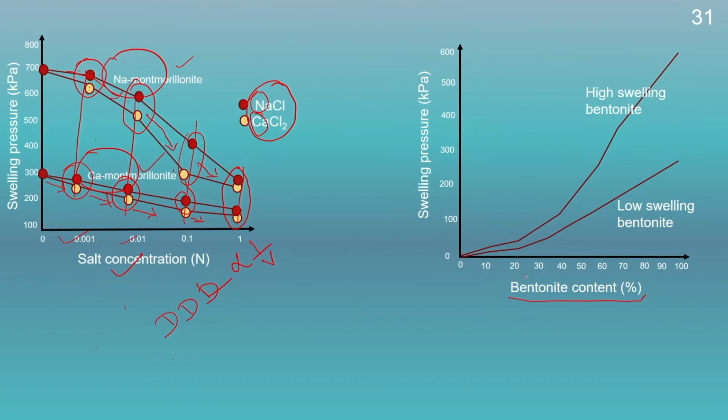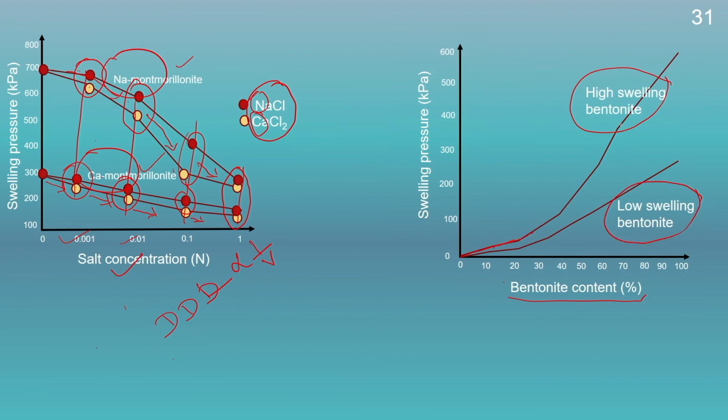Next, we will see the effect of expansive soil content on the swelling pressure. With increase in the bentonite or montmorillonite content, the swelling pressure keeps on increasing. Here in this case, we have taken two different types of swelling soil, a low swelling and high swelling soil.